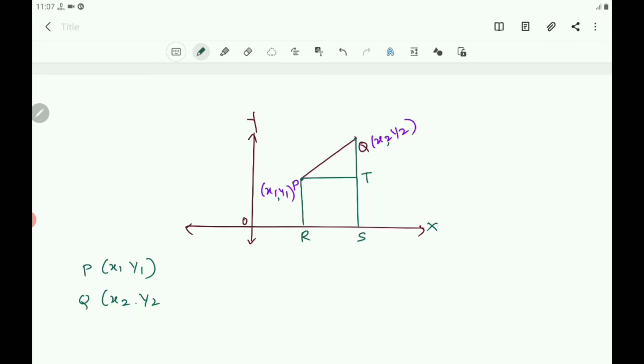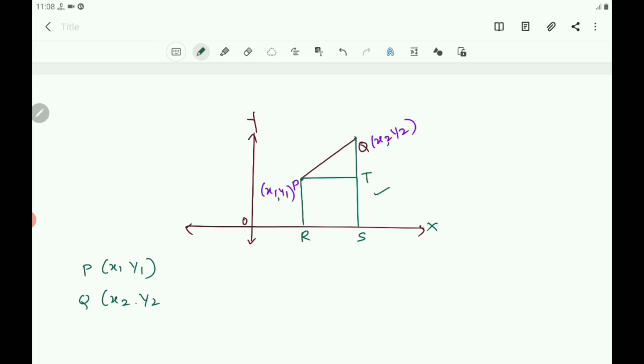Here PR and QS are the perpendiculars to the x-axis. PR is the perpendicular to the x-axis from the point P, and QS is a perpendicular from the point Q to the x-axis.